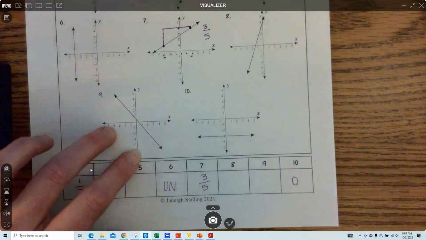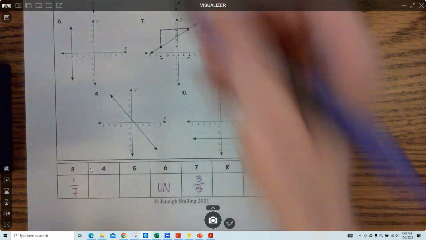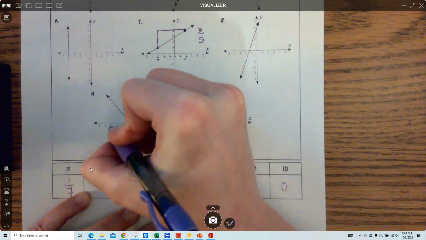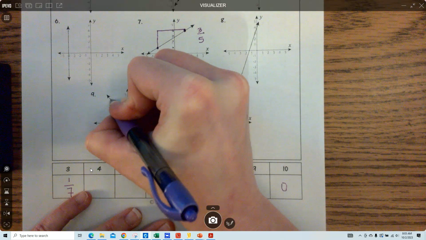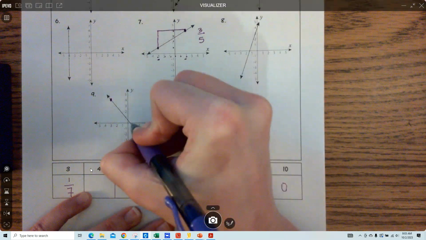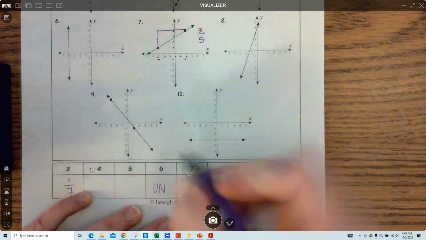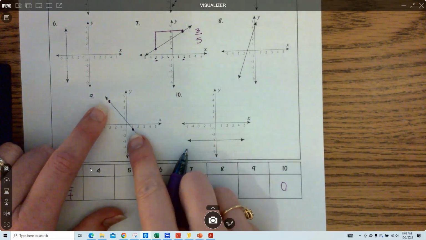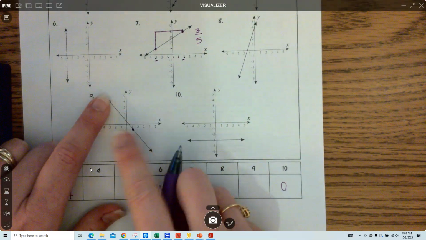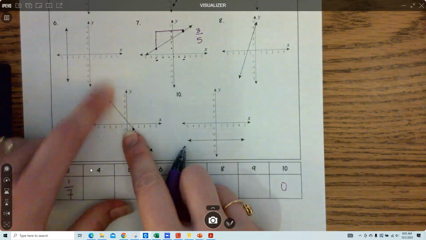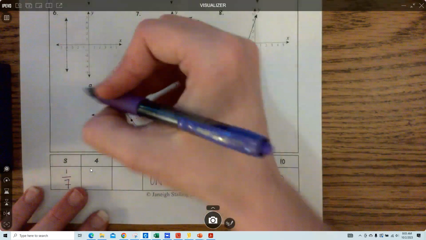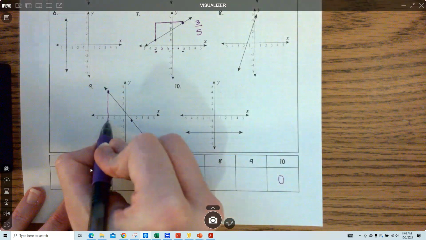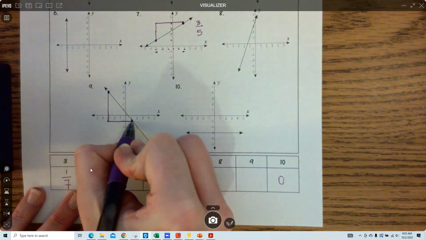All right, so number 9. I think 3, 4 is a good point, and 1, -1. I think those are good points on there. From here to here, do I need to go up or down? This one I'm going to go down. And then again, my second move has to be to the right.